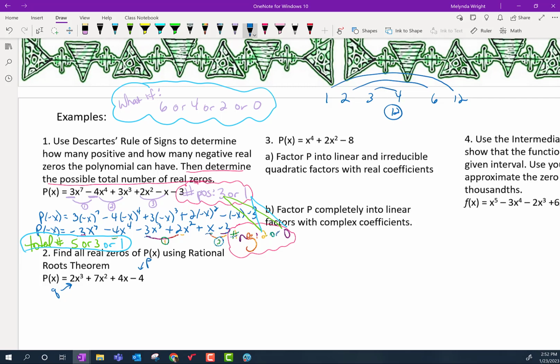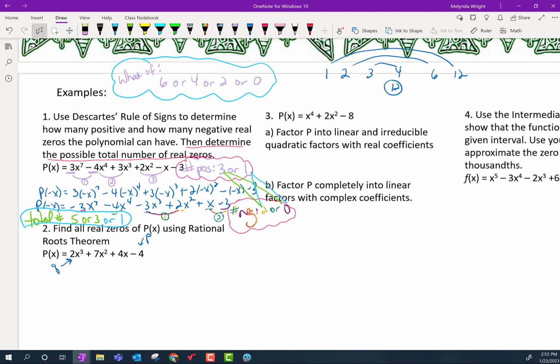So the factors of 12 would be 1, 2, 3, 4, 6, and 12. Just a reminder on finding factors. So in this problem, the factors of P are plus or minus 1, 2, and 4. The factors of Q are plus or minus 1 and 2.